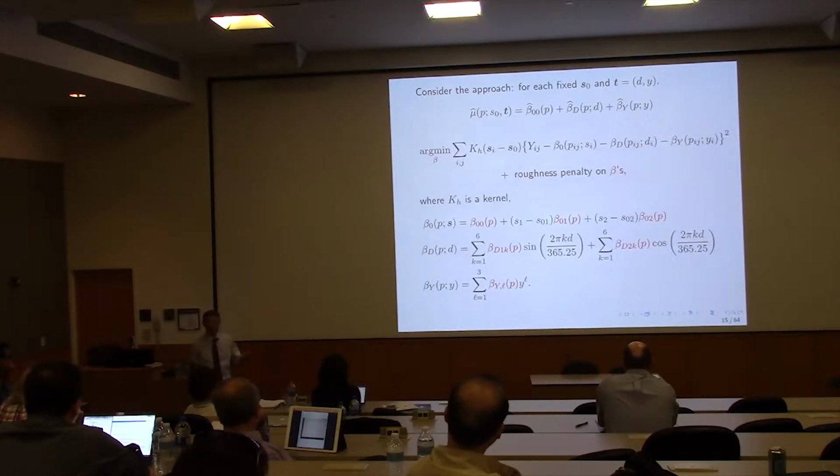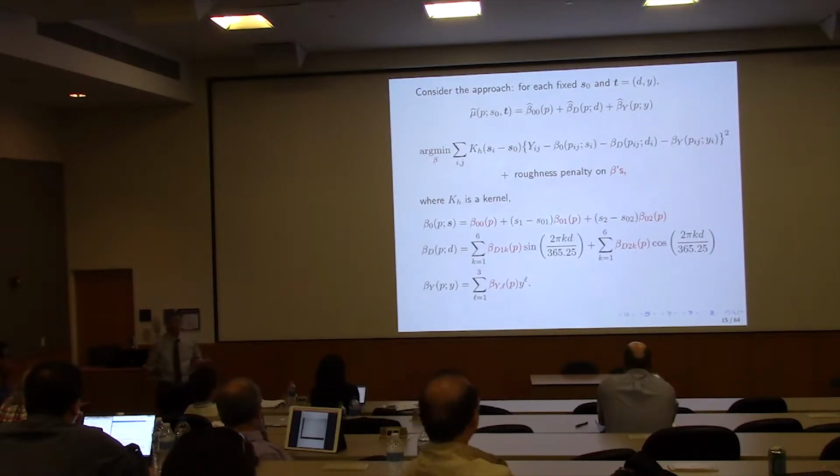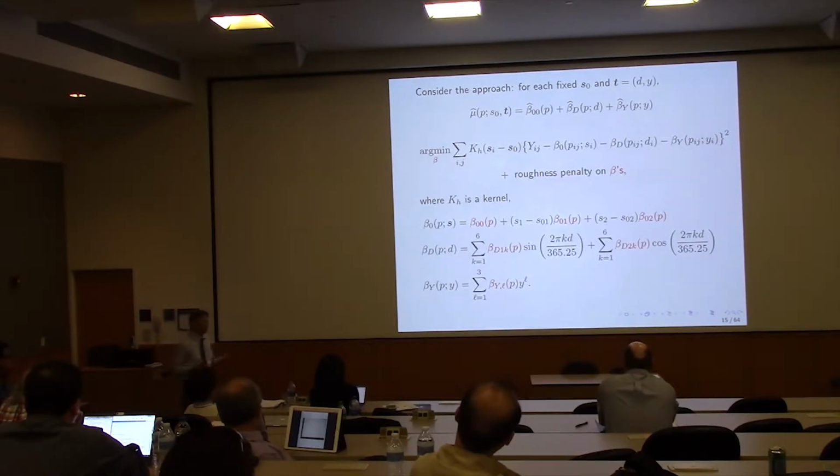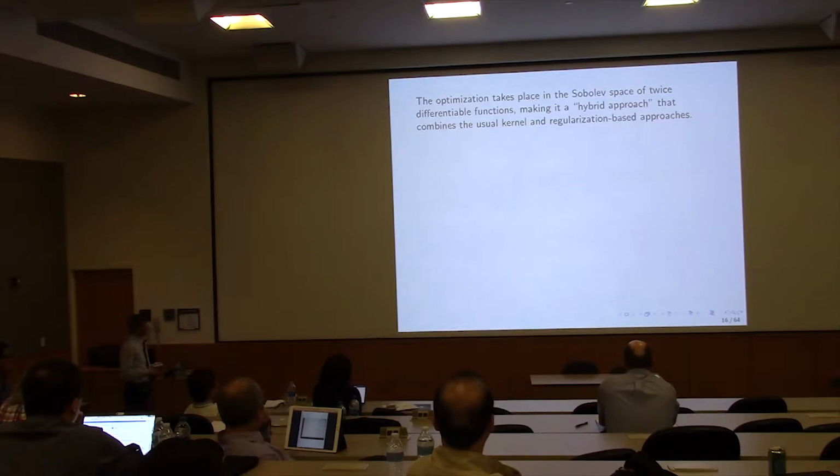Right? And the minimization takes place in a function space, and so far we tried a Sobolev space, and the penalty is simply the integral of the squared second derivatives, and I have a whole bunch of those.